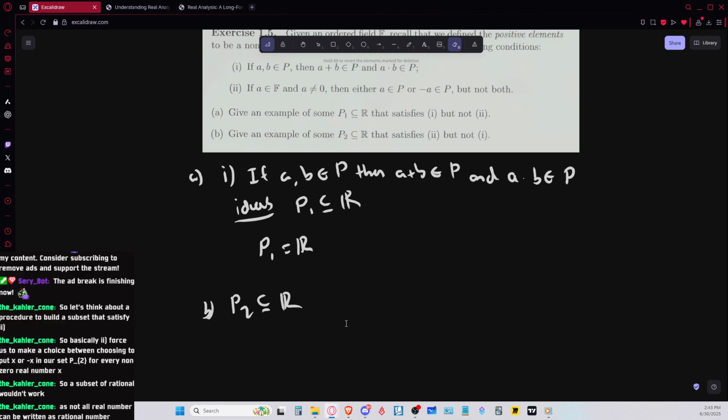So we have to have P2 equal to one of the subsets, or something in between. Because we can't have it being the real numbers, because the real numbers have everything that we need and it's complete.